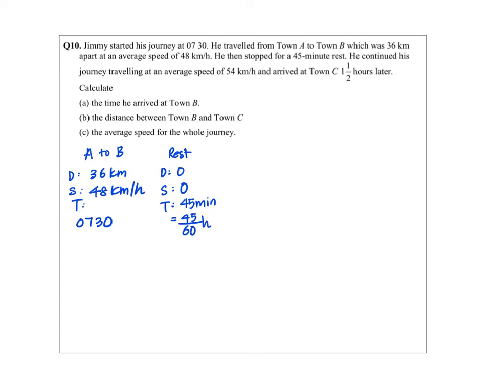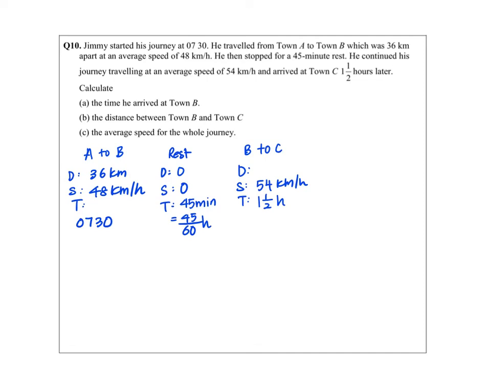Okay, and then he continued his journey to arrive at town C. That means now he's going to go from town B to town C. Distance, speed, and time, I do not know. His journey at the average speed of 54 kilometers per hour, and town C arrived at the timing 1.5 hours later. So probably I need to find the distance, isn't it?